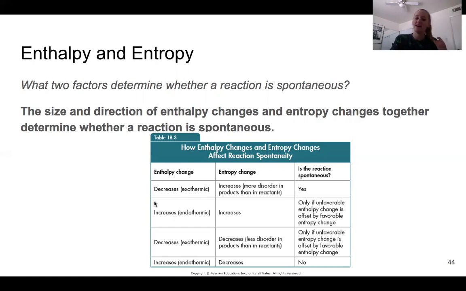As enthalpy decreases, so as it releases heat, and at the same time entropy increases, then the reaction becomes more spontaneous. One example of that is putting out heat and increasing randomness, like boiling water perhaps. That heat is being released with all that steam. The particles are moving around really crazy, and that releases a lot of energy. And so that would be a spontaneous reaction.